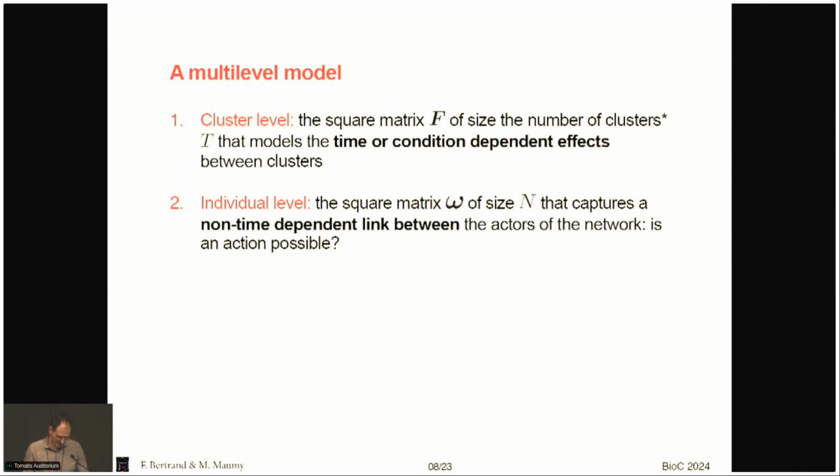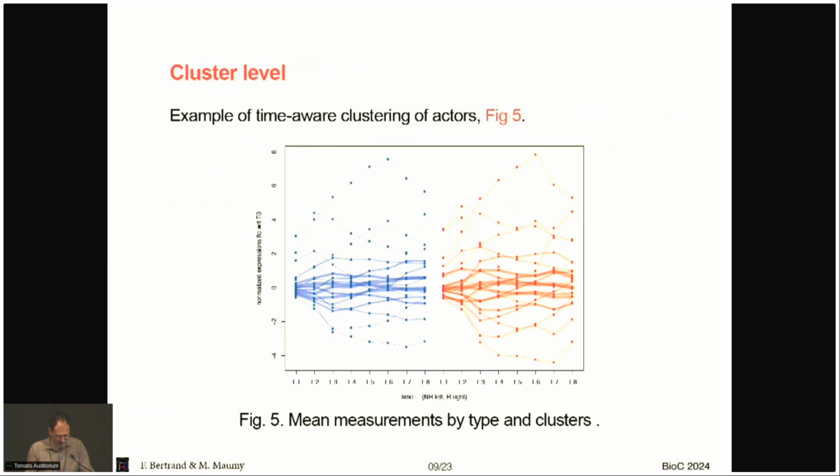And we also add some information at the individual level to know which actor can act on other actors. So the clustered expressions were those ones. You can see that we had several different patterns through time.